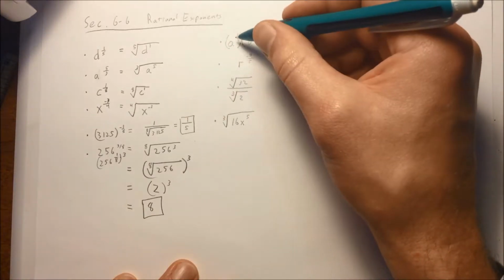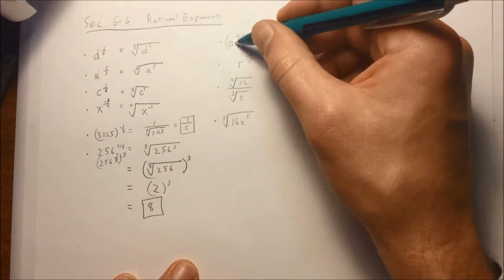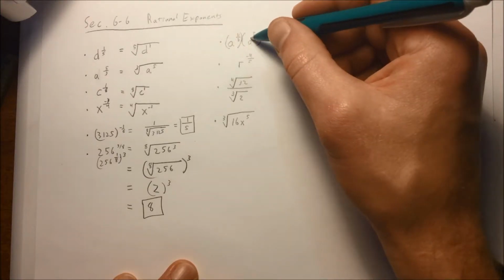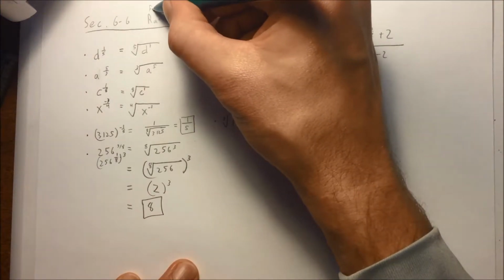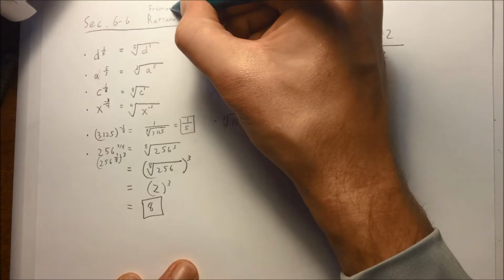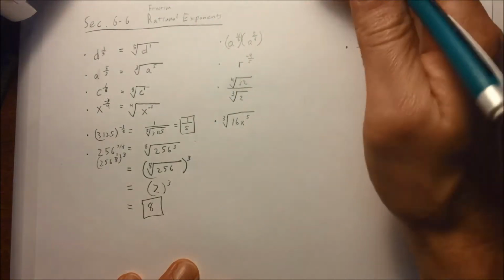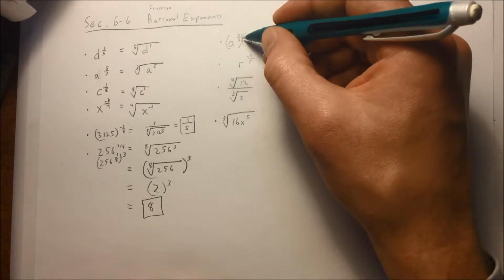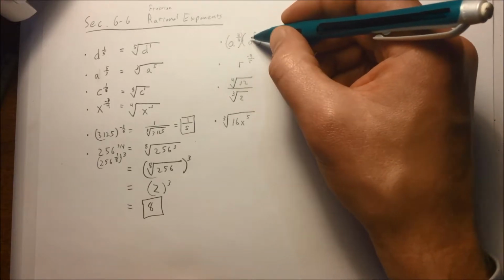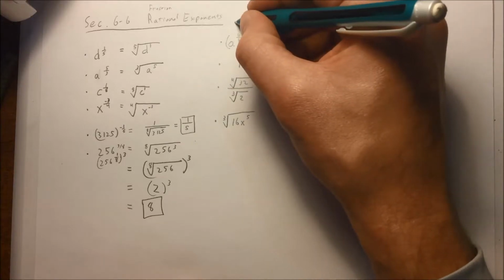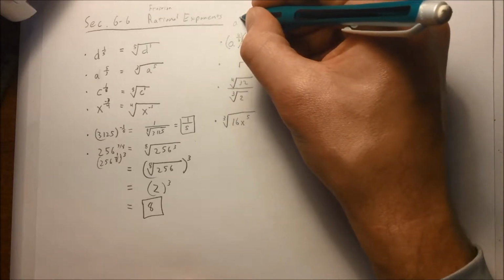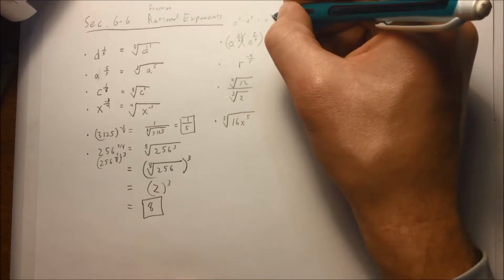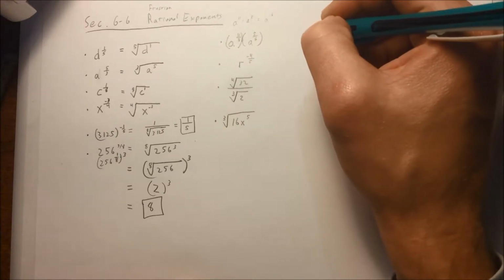Now, other things we can do with these. Just because exponents are rational, or fractions, remember rational just means a fraction, that does not prohibit us from doing any other operations. So if I had to take a to the 11/6 times a to the 5/6, well, it'd be the same thing as if I said a to the 11th times a to the 5th, you would say a to the 16th, wouldn't you?